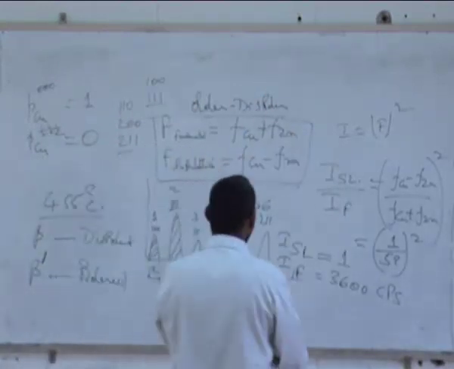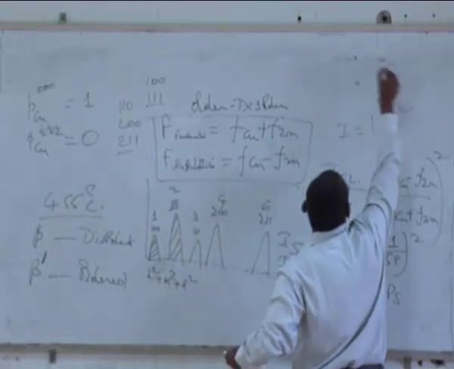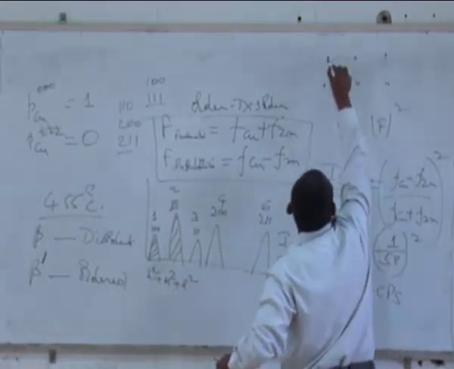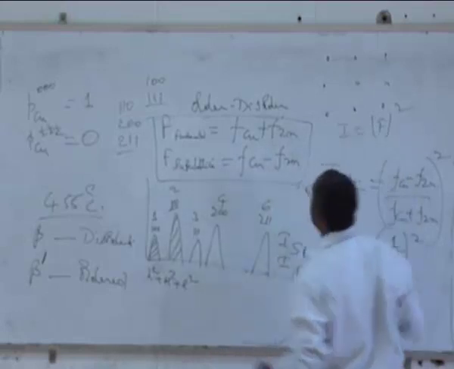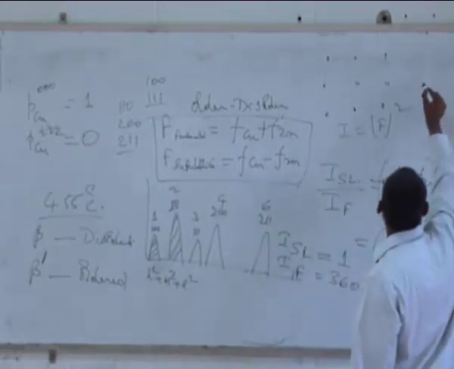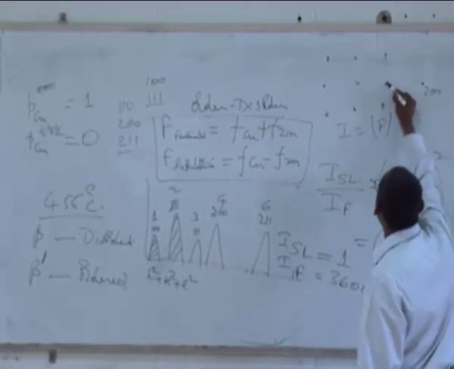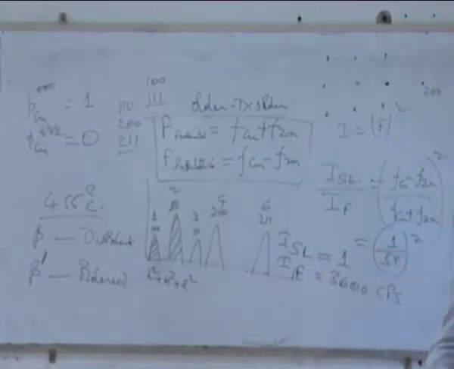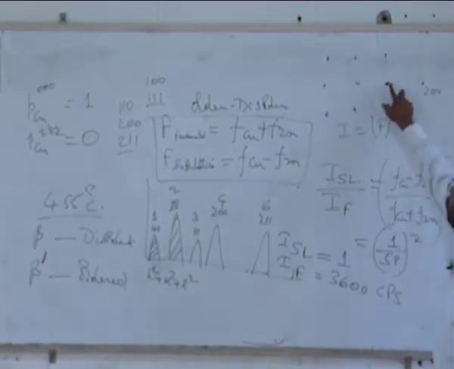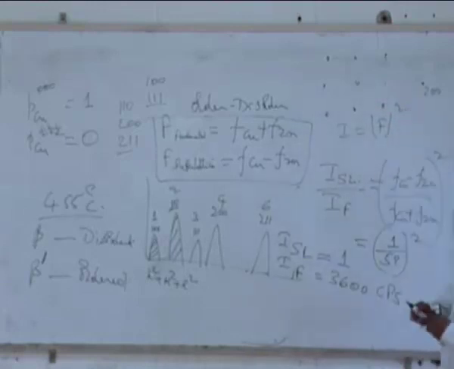As a result, I will be able to see a pattern like this. For example, this is 200, and I will also see 100. Usually I am not supposed to see 100 if it is a BCC material, but I will see a 100, though not of the same intensity.